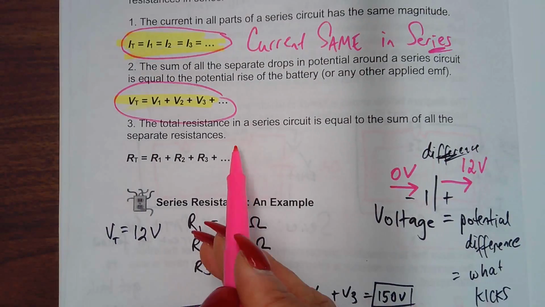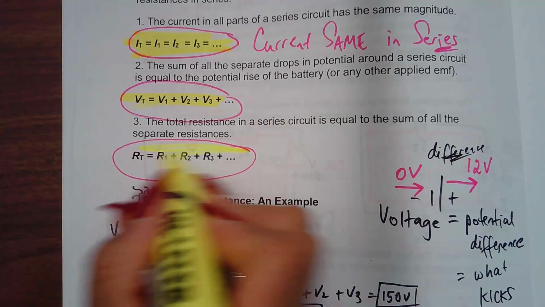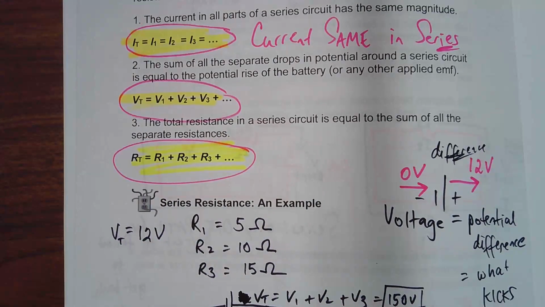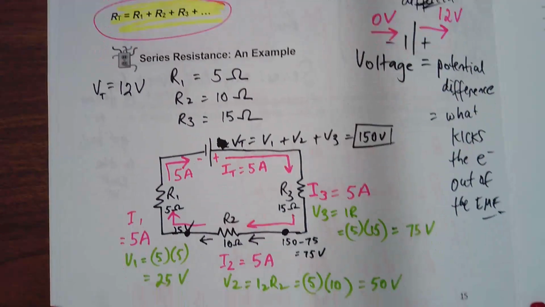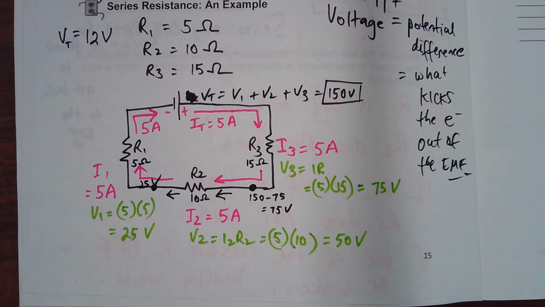Okay, last thing that we need to look at is the total resistance. This is a series circuit, so it's easy. You just add them all up. Straight addition in a series circuit. The more light bulbs you have, for example, the more resistance you're going to have. So let's find the RT.